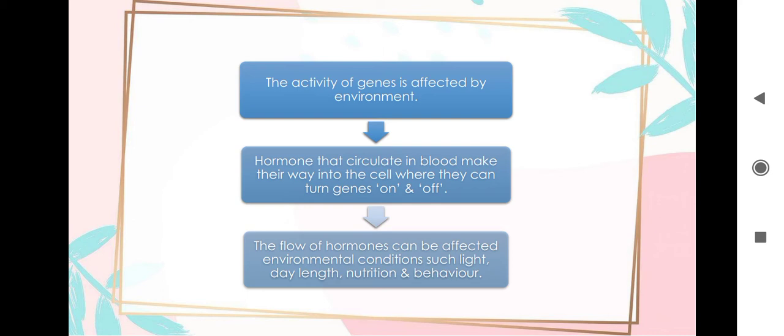And number three, the flow of hormones can be affected by environmental conditions such as light, day length, nutrition, and behavior. So this is about genes.